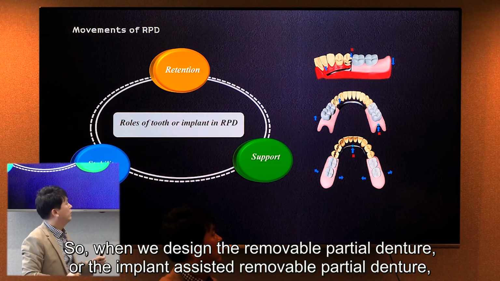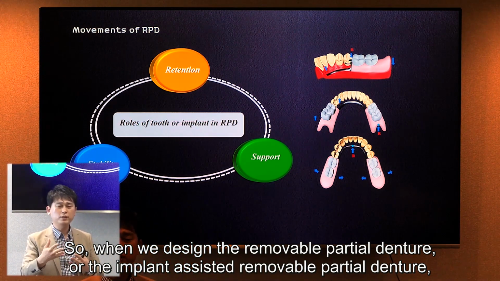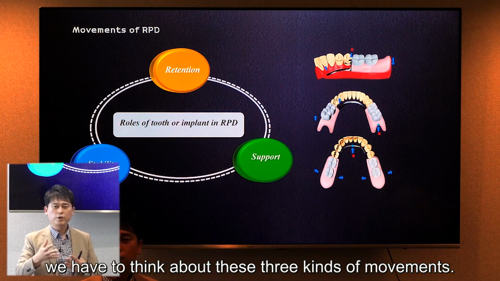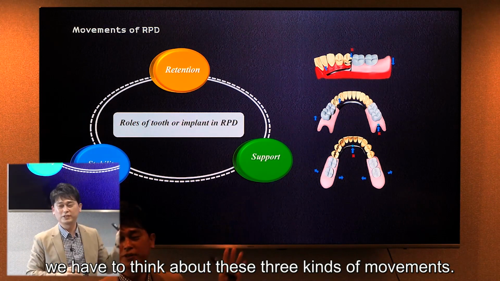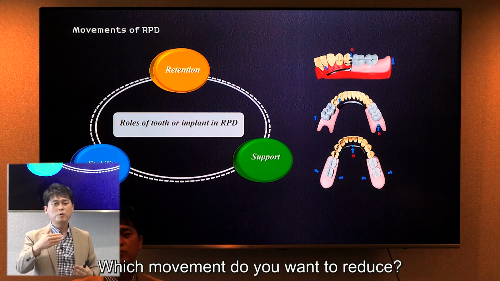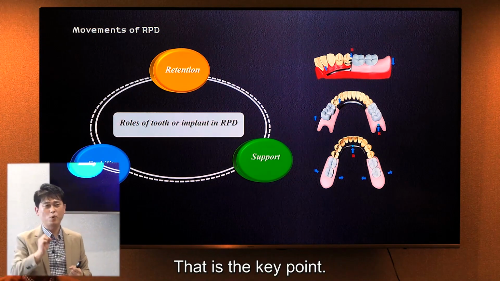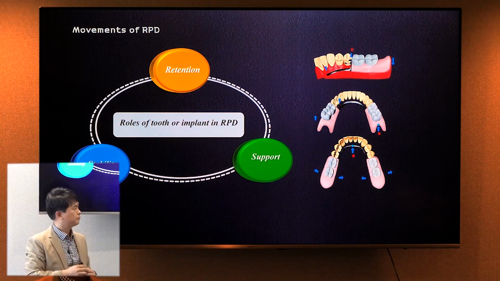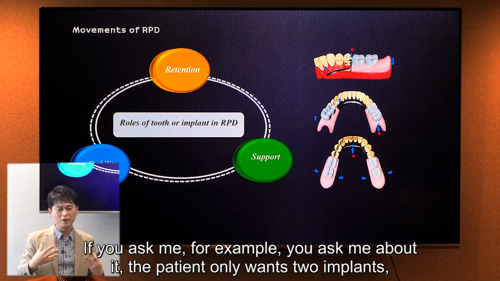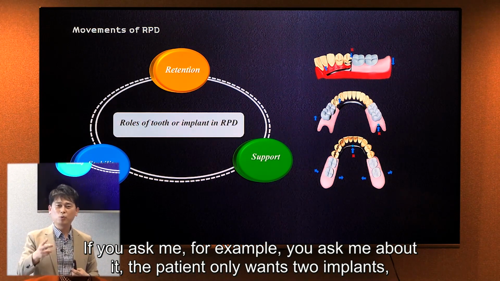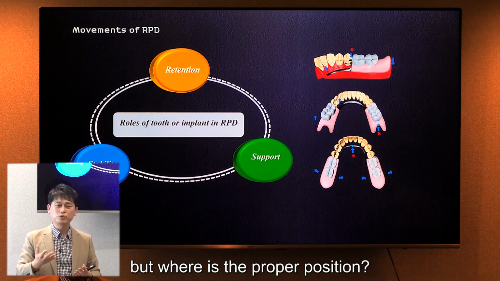So when we design a removable partial denture, or when we make an implant-assisted removable partial denture, we have to think about these three movements. Which movement do you want to reduce? That is the key point. If you ask me, for example, a patient wants only two implants, but where is the proper position?